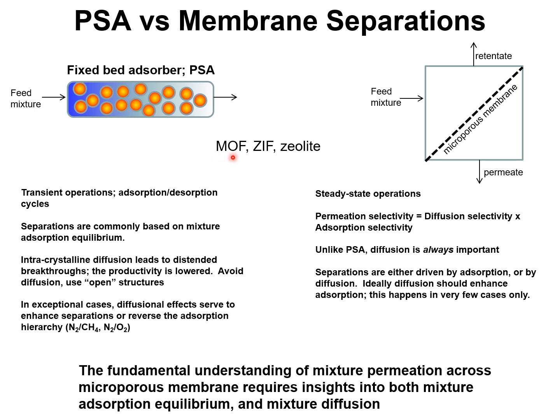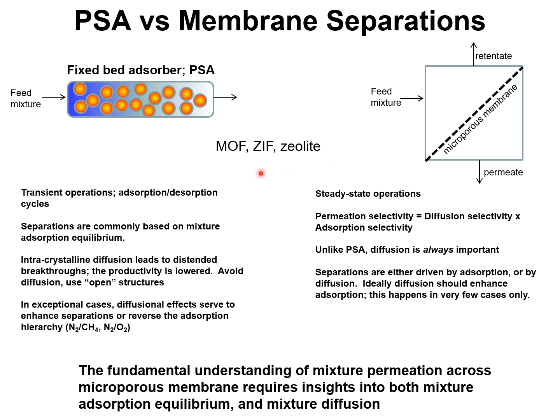Mixture separations using MOFs, ZIFs, or zeolites can be carried out in fixed bed adsorbers using the pressure swing adsorption technology, or in membrane constructs in which the microporous material forms a thin layer, typically less than about 50 micrometers in thickness.